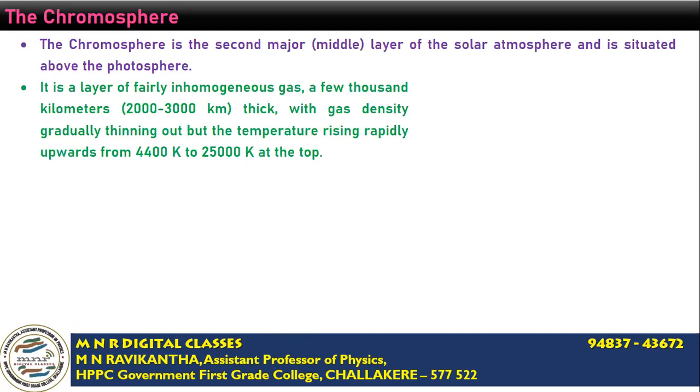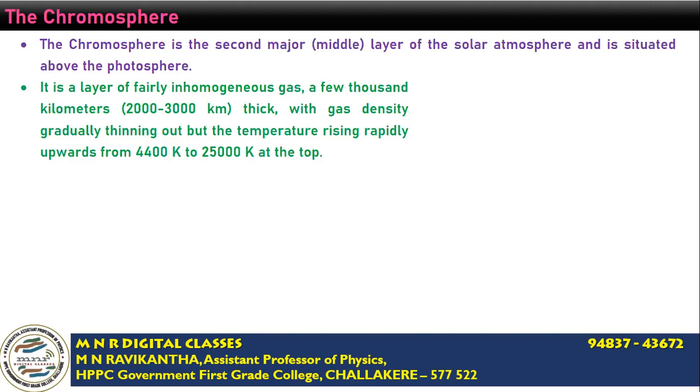It is a layer of fairly inhomogeneous gas, a few thousand kilometers, that is 2000 to 3000 kilometers in thickness, with the gas density gradually thinning out, but the temperature rising rapidly upwards from 4400 Kelvin to 25,000 Kelvin at the top.